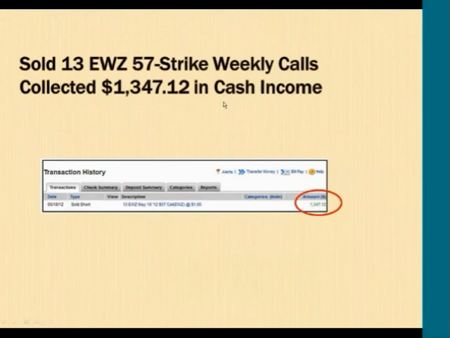So the idea is we want TJX stock to continue to increase in price, and there's no cap on that profit. And if we sell a call option on EWZ and it goes down in price, then we're going to collect a weekly premium and a profit each week on the sale of the call option.